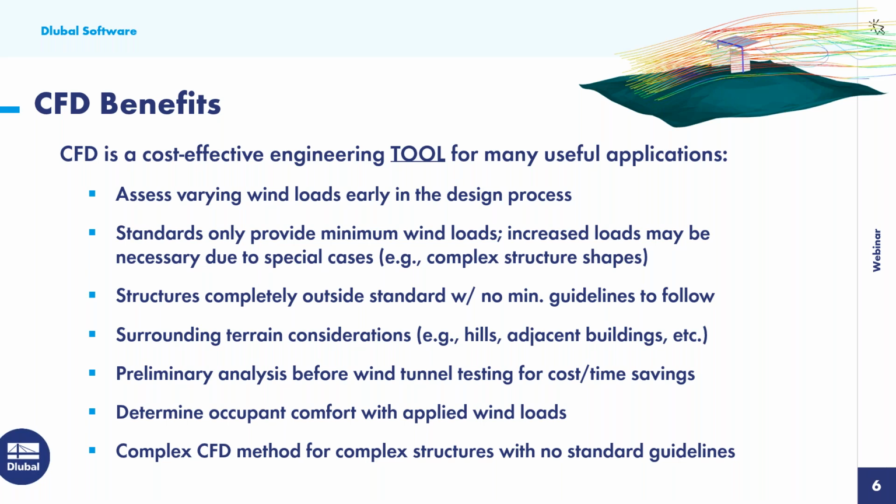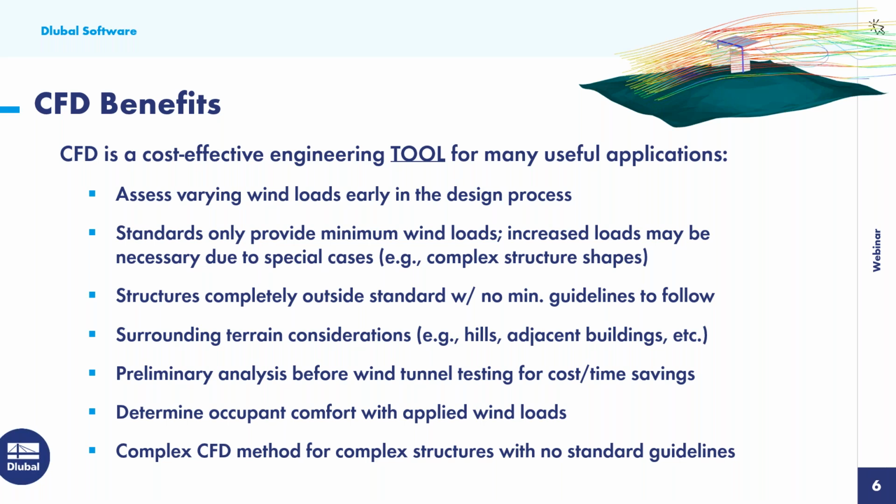And you can imagine that that's going to be a huge cost and time savings if we're able to run the preliminary analysis, maybe adjust our structure if it's very over-designed or under-designed before we move to a true wind tunnel test. We also can use CFD to determine occupant comfort with applied wind loads. So is this structure sufficient enough to not impact occupants that are inside?